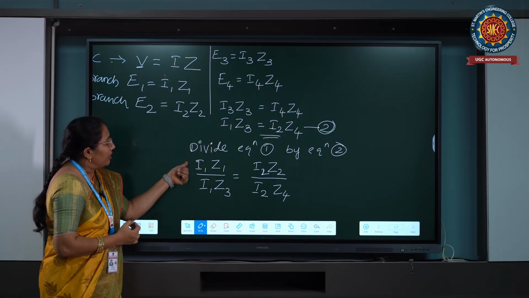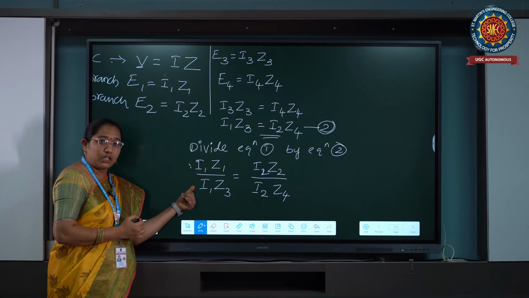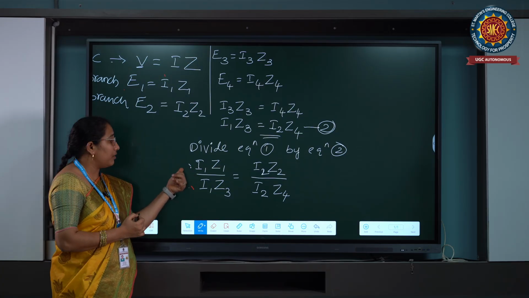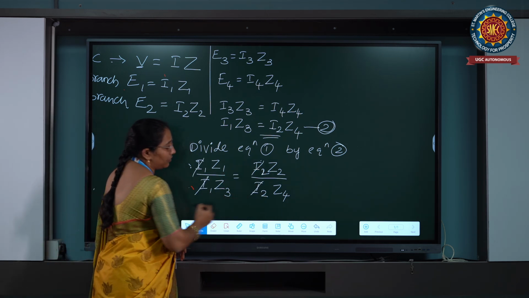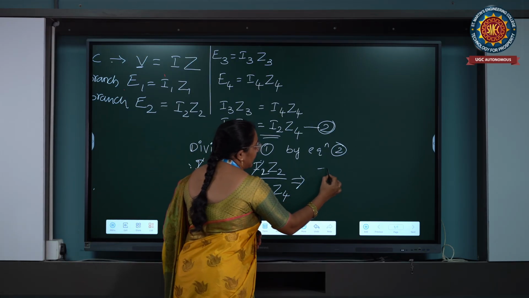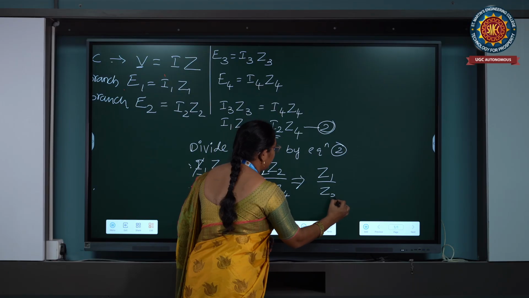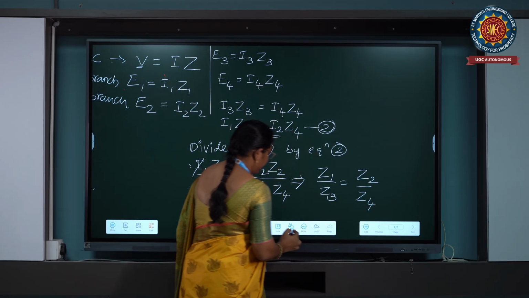In numerator also we are having I1 and denominator also we are having I1, so I1 and I2 cancel each other. From this equation we will get Z1 by Z3, that is equals to Z2 by Z4.